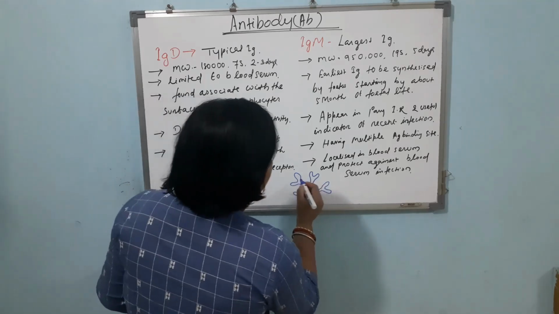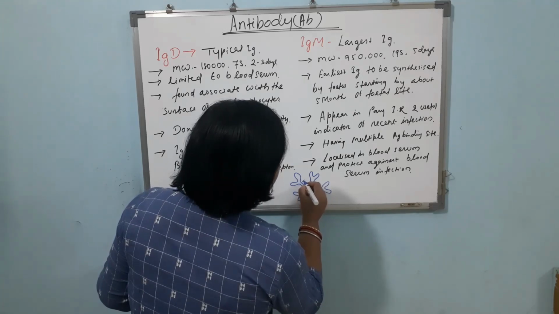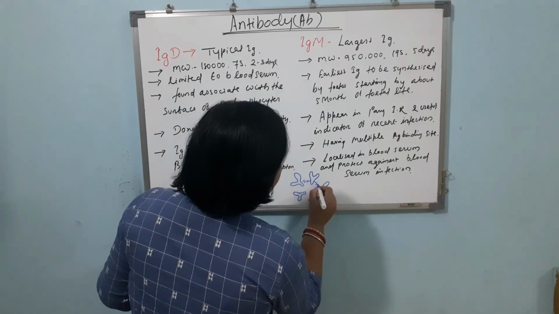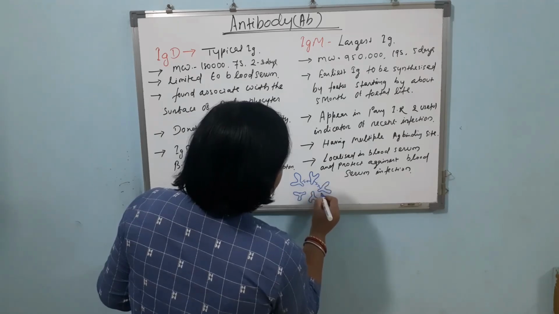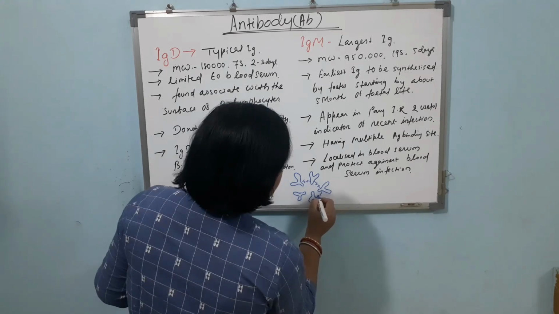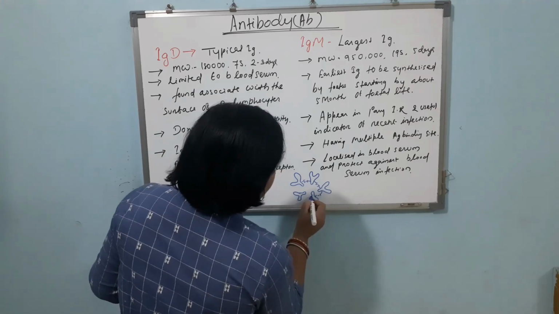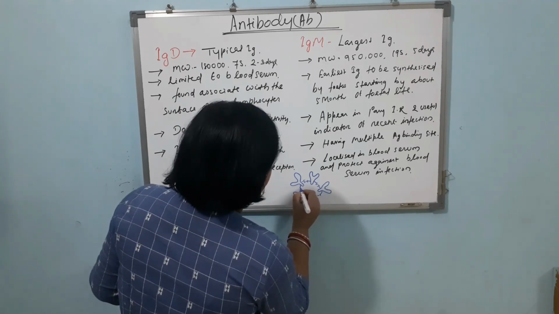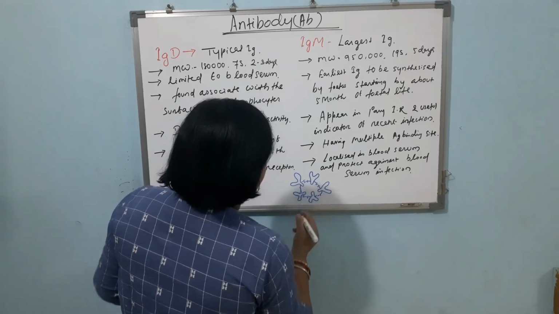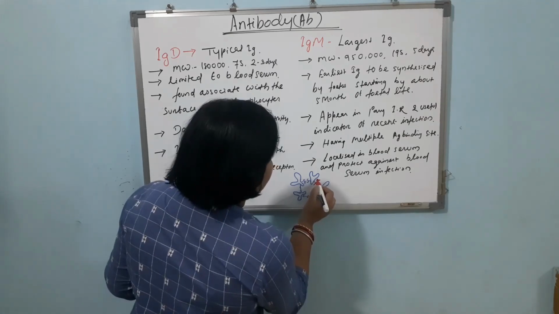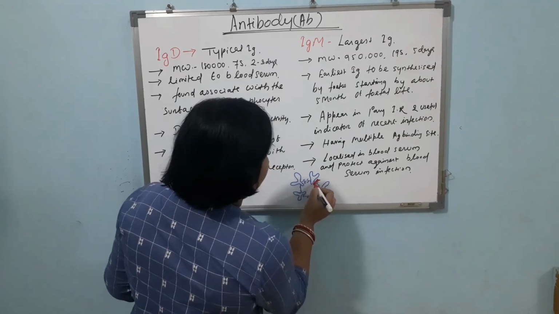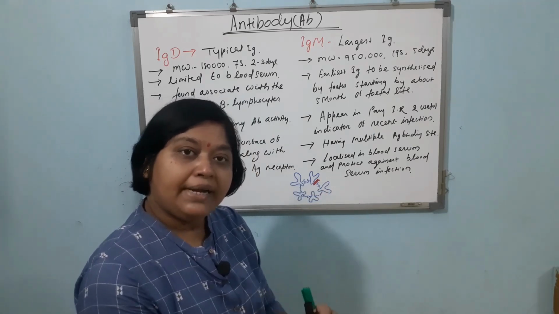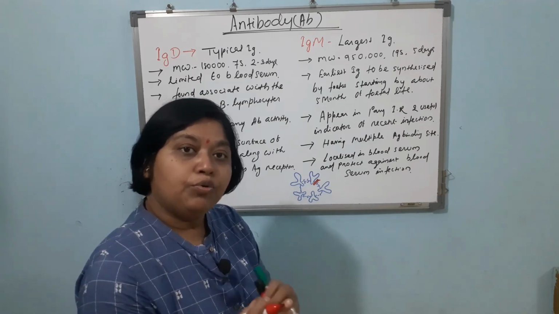All the monomers bind with each other by disulfide bonds and with the J chain. So here are the disulfide bonds, and the J chain is present here, to bind all five monomers to make the circular pentameric structure of mu immunoglobulin.